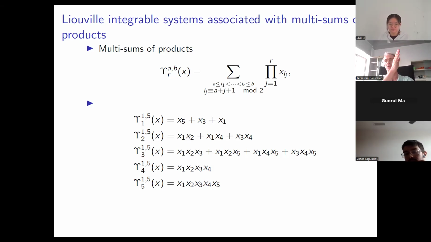So c would be the speed of the wave. And if you make this ansatz, then the PDE reduces to an ODE. And that's called the traveling wave reduction. And then you can find traveling wave solutions by solving the ODE.